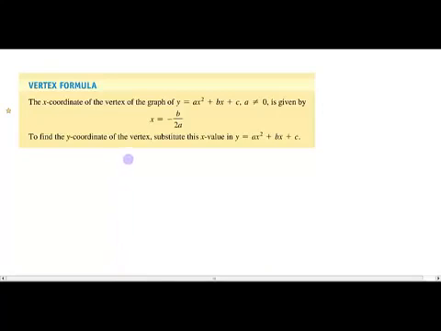So a lot of people will write the vertex formula like this: the x part is negative b over 2a, and the y part is f of negative b over 2a, simply placing the x value that we found into the f function to get the y part.